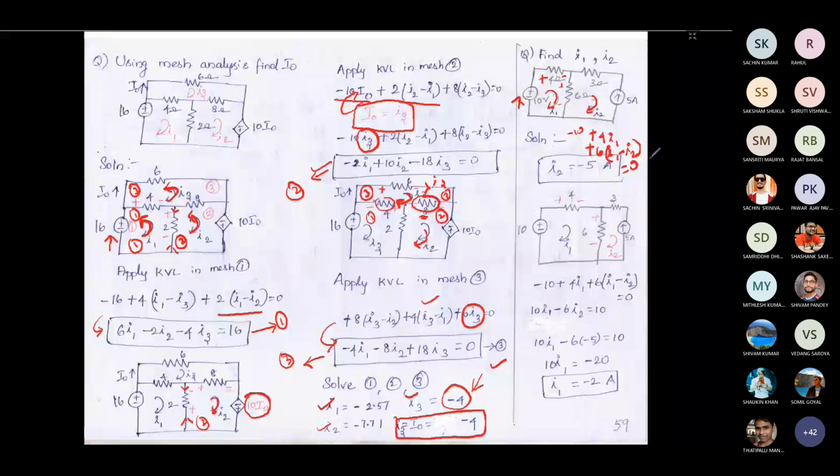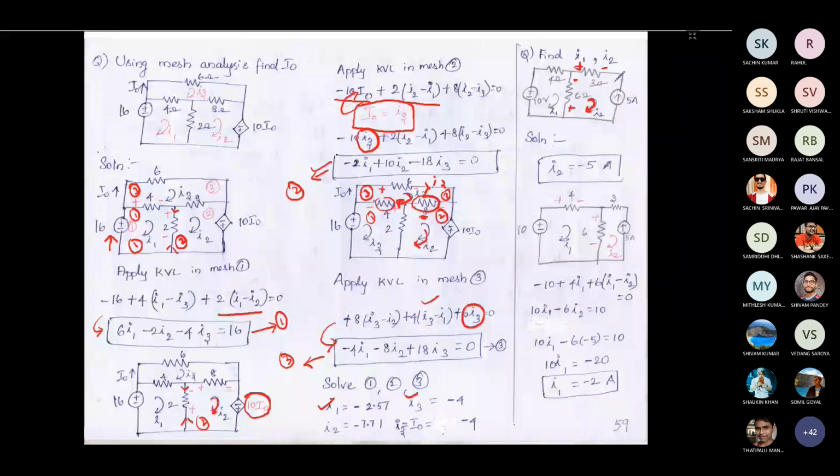Now you see the second mesh. In the second mesh, we have assumed the current direction as I2 in this direction. Now for this I2, you put the polarities for each element. In this mesh, you cannot apply KVL directly. Why?